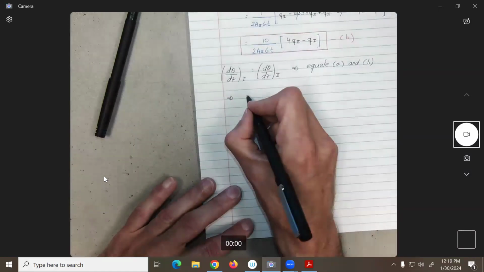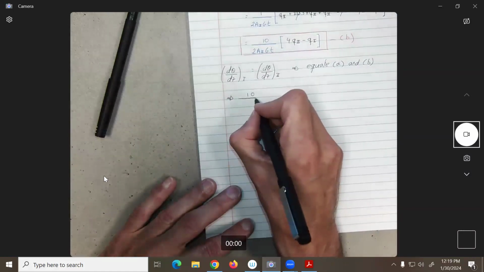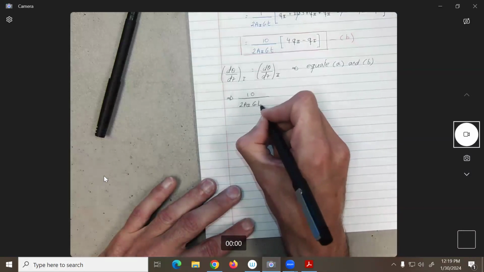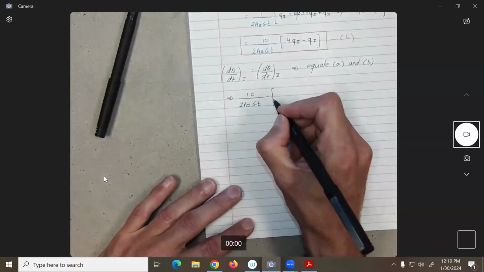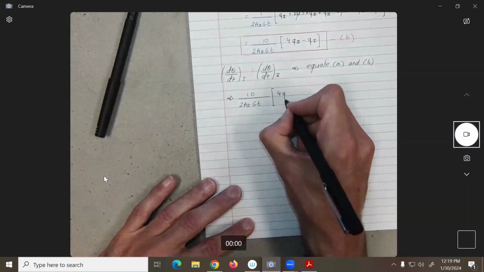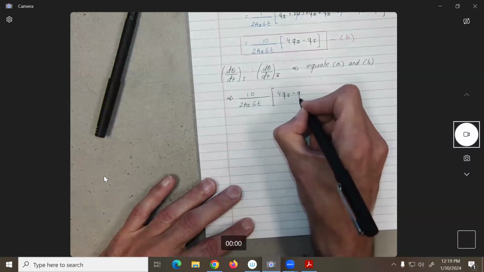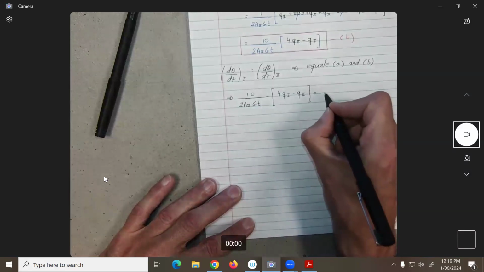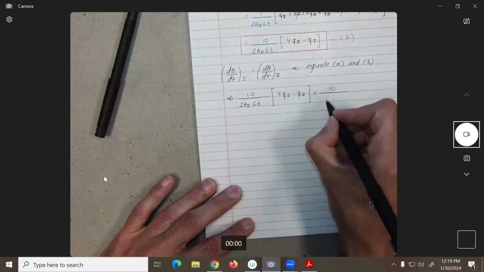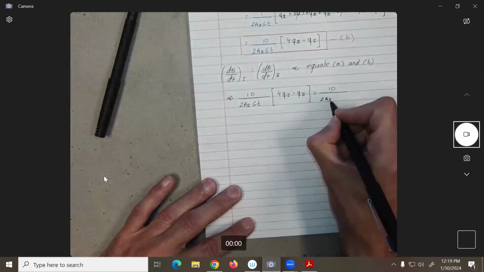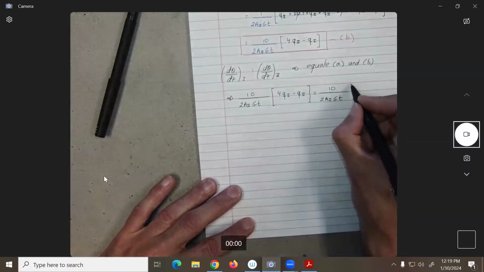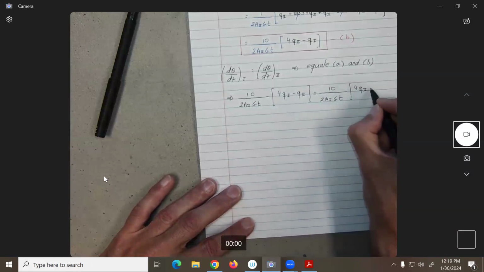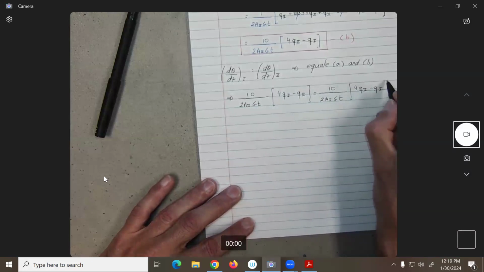So we have 10 over 2 A2 GT for Q1 minus Q2 equals 10 over 2 A1 GT for 4Q2 minus Q1.